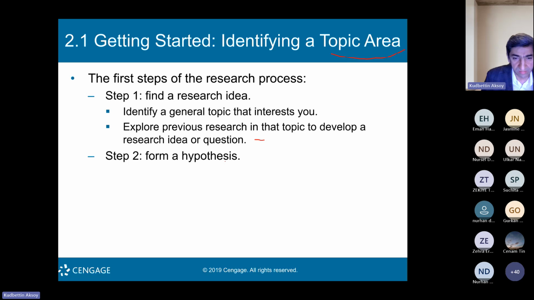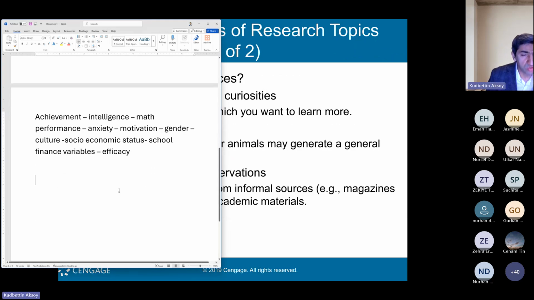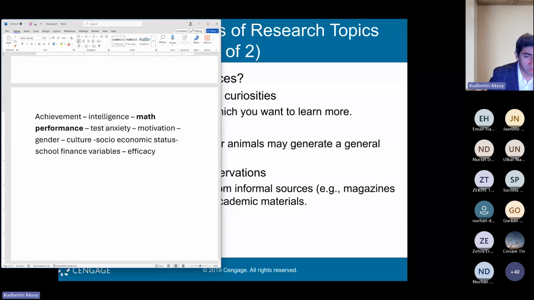Let's create one. Let's make one. Let's use math achievement, math performance. Test anxiety. Let's make this a little more specific. Test anxiety.